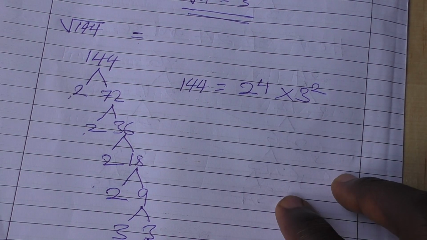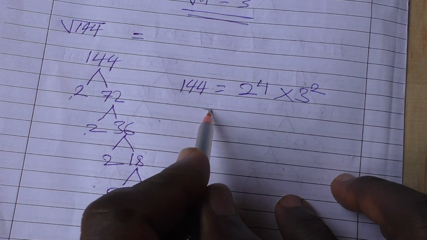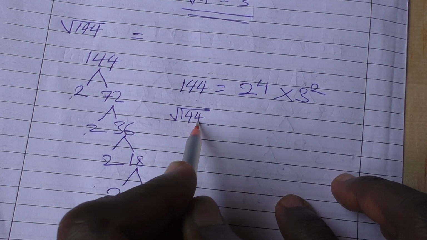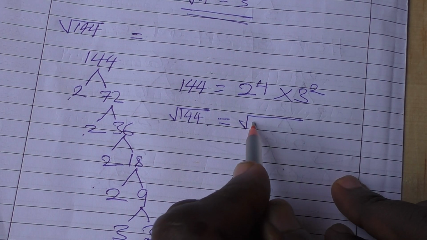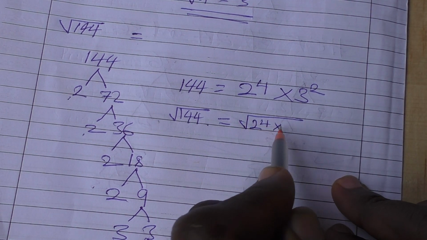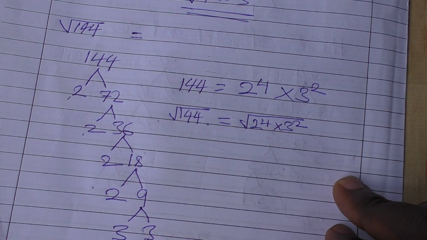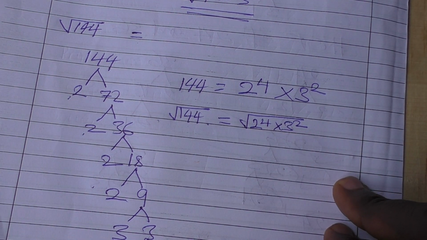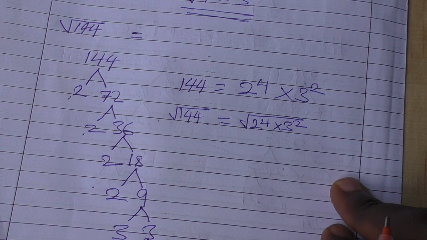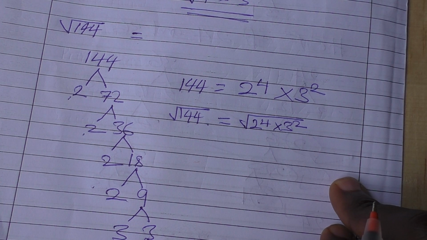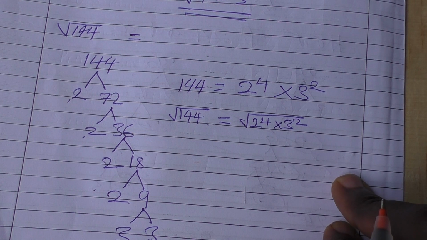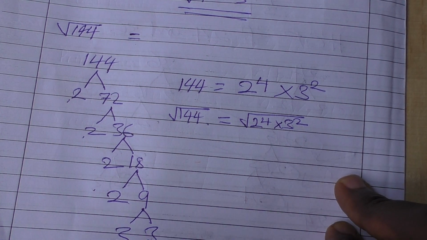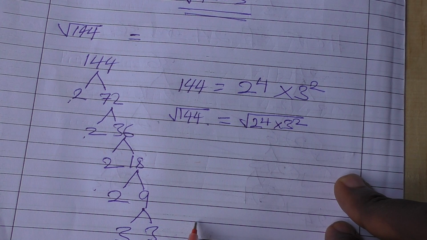But remember, we are looking for the square root. So the square root of 144 is the same as the square root of 2 to the power 4 times 3 to the power 2. Then, what you should put into your minds is that the square root is the same as power a half.